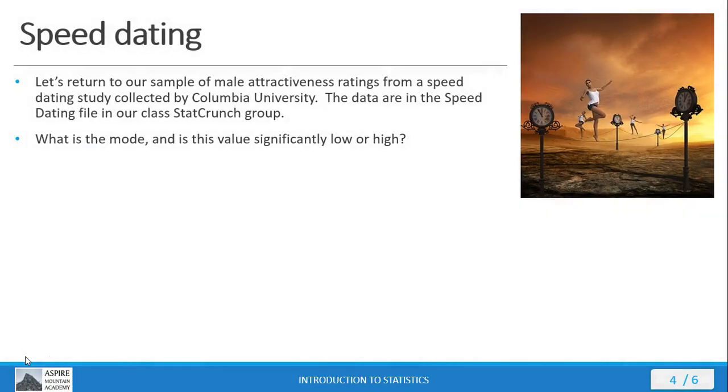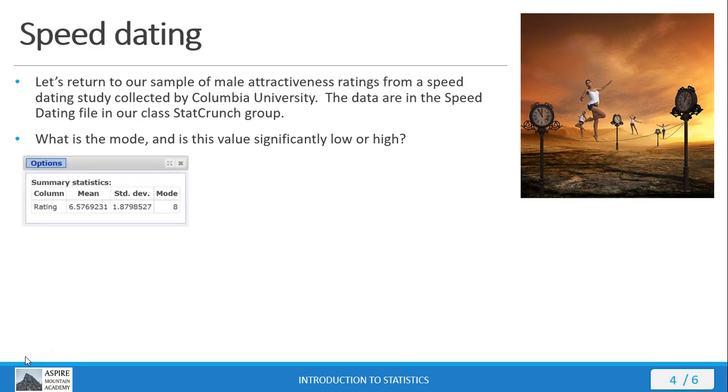Let's go back to our speed dating example. What is the mode, and is this mode value significantly low or high? Pause the video here, go open the speed dating file in our StatCrunch group, and get your answers to the question. Then come back here, and we'll see how well you did. Well, I hope your results window looks like this.